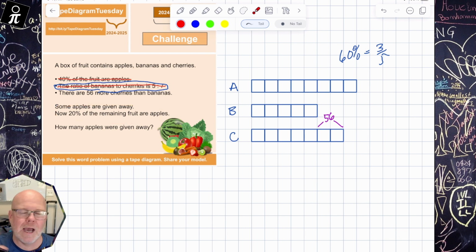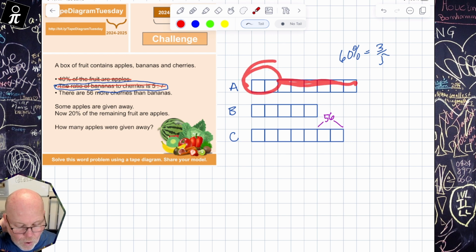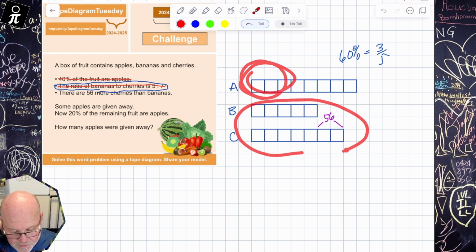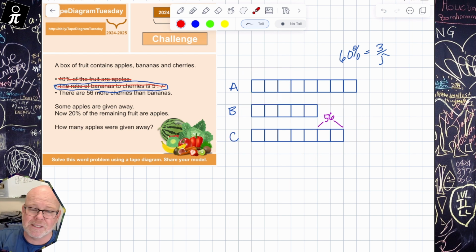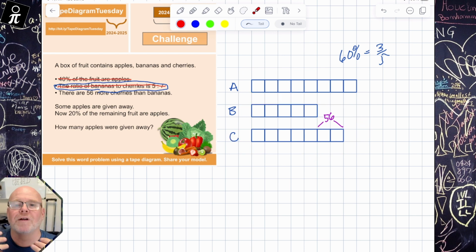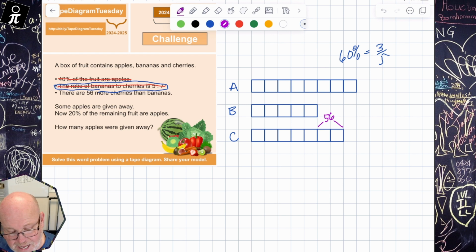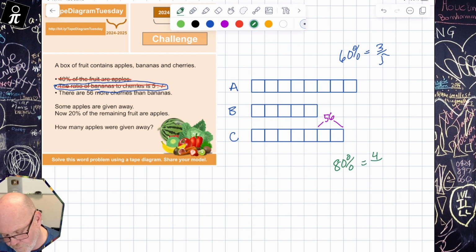Okay, so now if we get to the point where we're crossing off some so that only 1/5 of the fruit are apples, that means these bananas and cherries must be 4/5. And since that's 4/5, that's 80%, right? So that's 80%, which is 4/5.